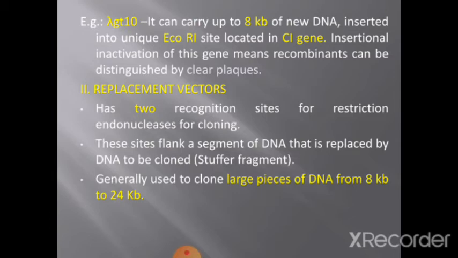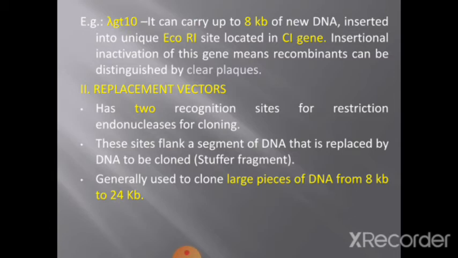So what is done in lambda gt10? You will take the linear DNA molecule, you will identify the non-essential region. In that cI region at position 857, which contains the target site for EcoR1, a cut is made, digestion is brought about with the restriction enzyme EcoR1, and then in that place you will insert the DNA of your choice.